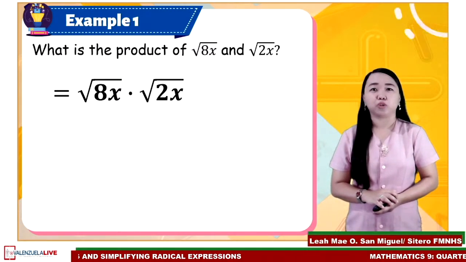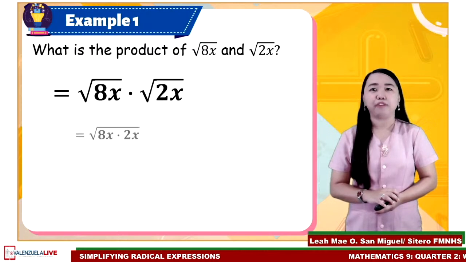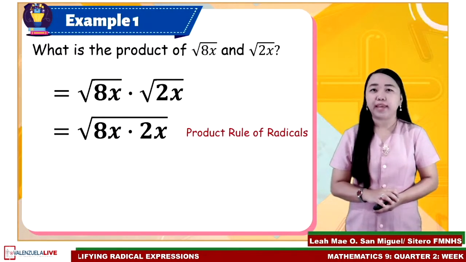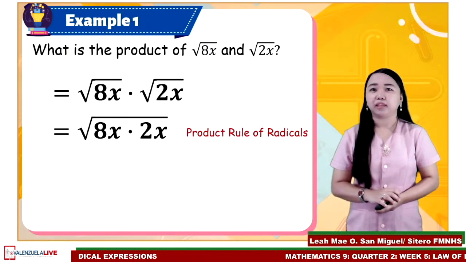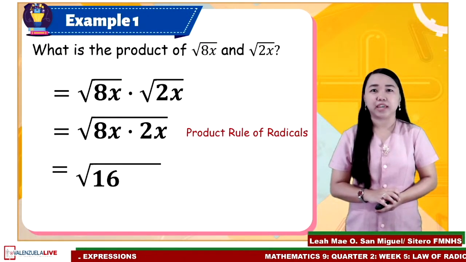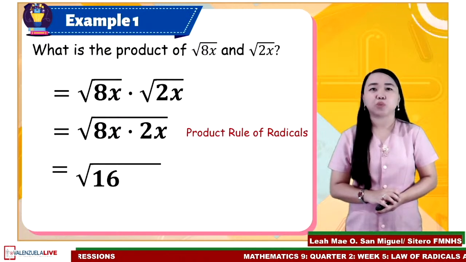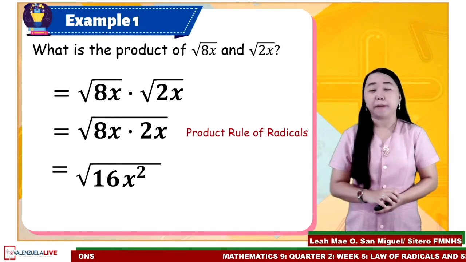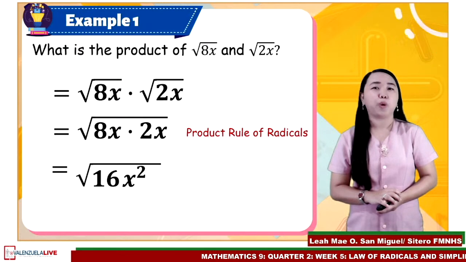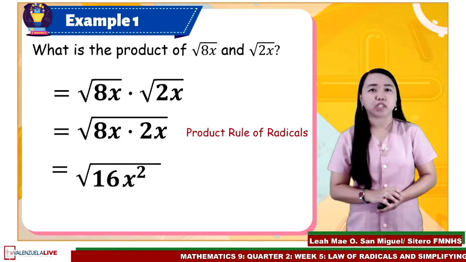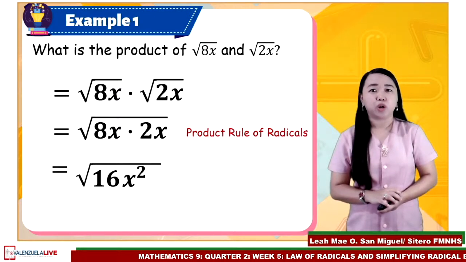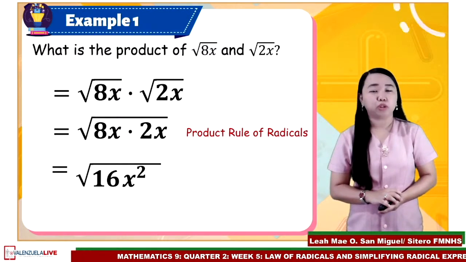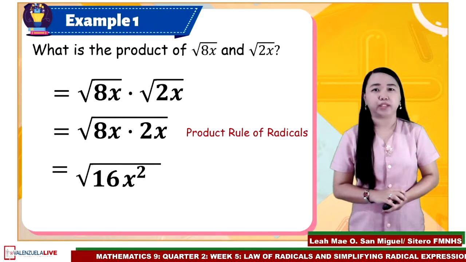Applying the product rule of radicals, we will have the square root of 8x times 2x. So, 8 times 2 is 16, and x times x will become x squared because we add their exponents using the laws of exponents, namely the product rule. Therefore, we have the square root of 16x squared.